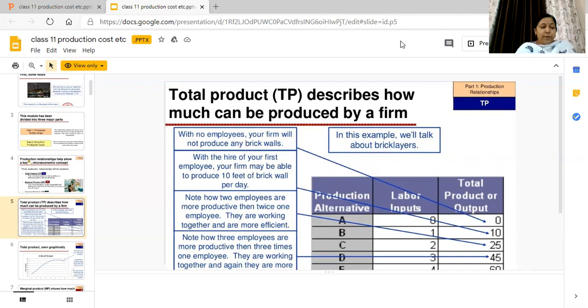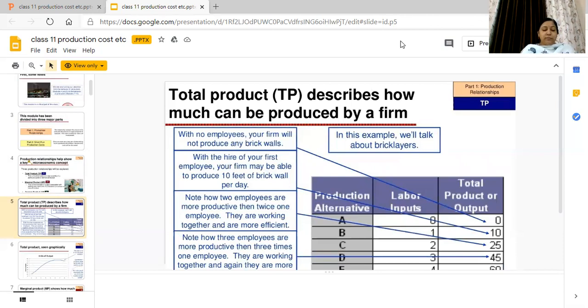Now we will discuss three things in this chapter. Before that, I will explain the difference between variable factors and fixed factors. Variable factors are those factors which can be changed in the short run, varying directly with the output.